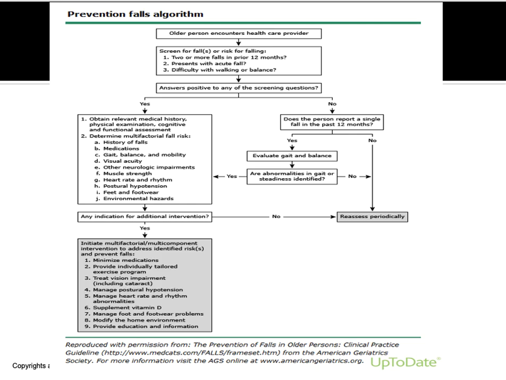So some of the things to consider are, for example, your first 3 screening questions: does this patient have 2 or more falls within the prior 12 months? Are they presenting at this visit with an acute fall? Do they have difficulty with walking or balance? If they answer yes to any of those, then you go down this side of the algorithm and you do a very thorough evaluation to assess for risk. If they don't, then that takes you down another side of the algorithm.